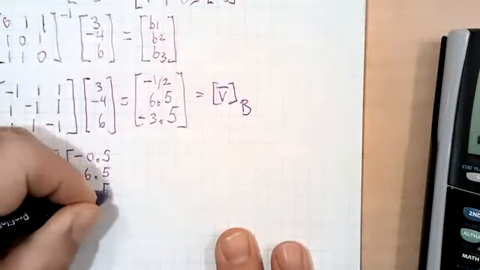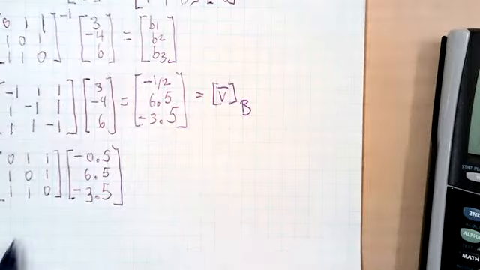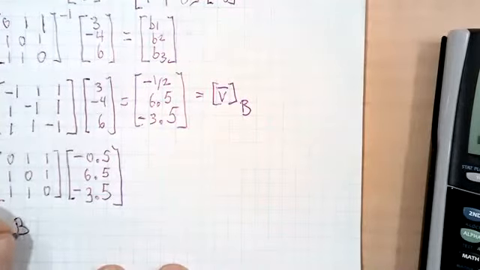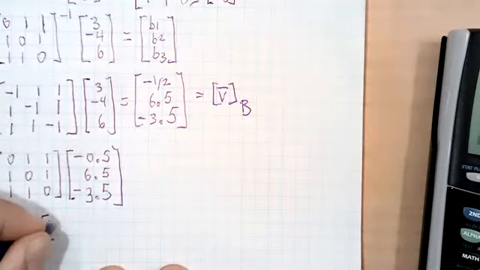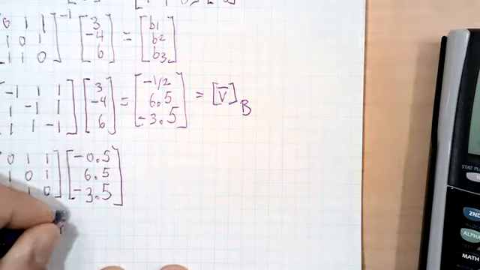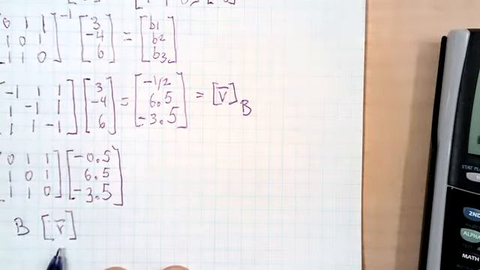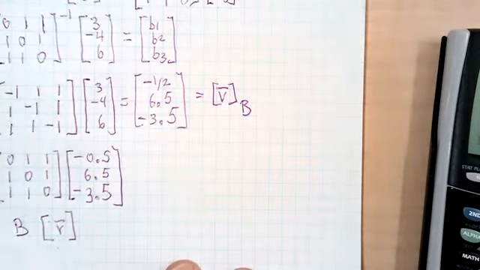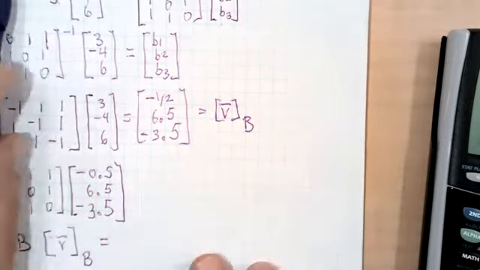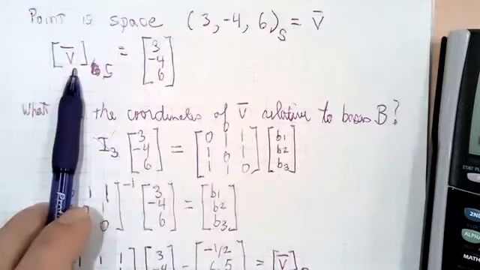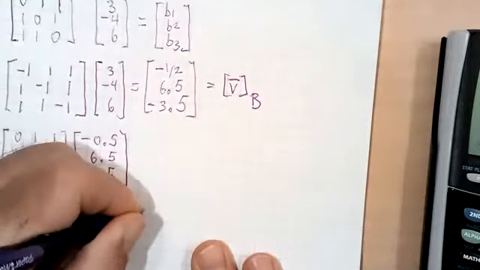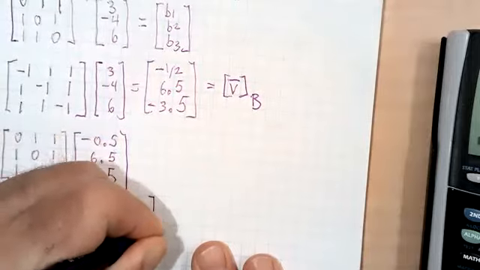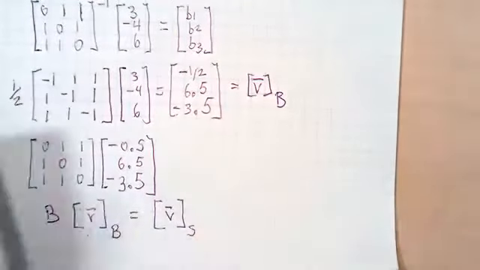So this is B in symbols. This is B on the left times the coordinate vector for V relative to basis B. And this is supposed to give me, if my formula is correct, the coordinate vector of V relative to the standard basis. And that we can check because we know where we started. So let's try.